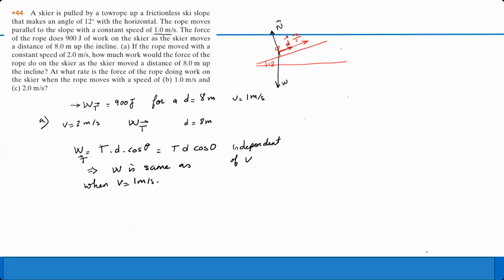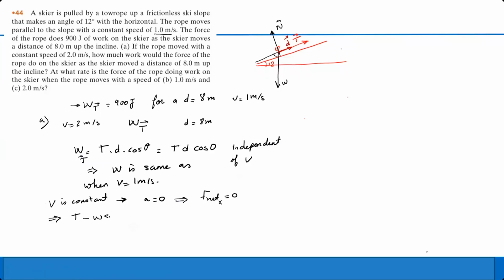But the issue is, because v is constant, I can deduce that the acceleration is 0. And if the acceleration is 0, this means that F net is 0. Let's take that along the x-axis. This will give me T minus W. Let's see the angle that W makes with the x-axis.